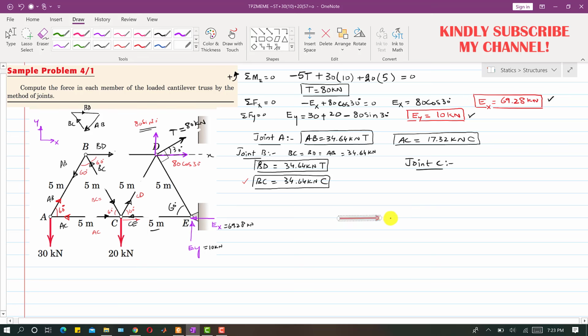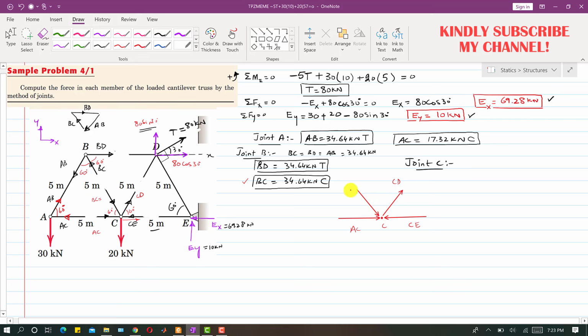So let's say this is AC and this is joint C, and then we have CE, and then we have a force at this point, let's say this is CD, and then we have another force in this direction.